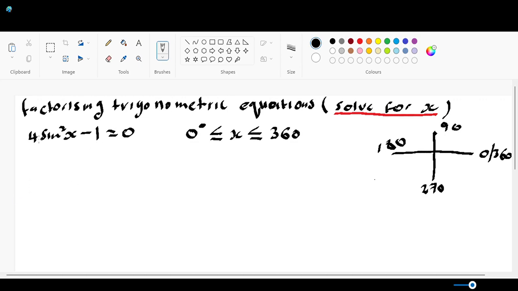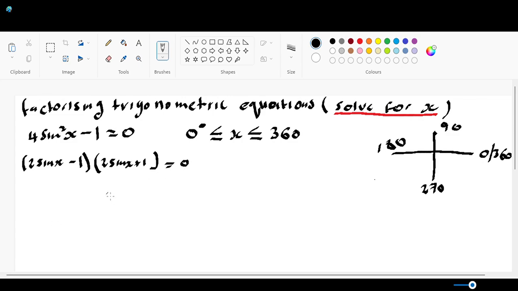So you can approach it this way. You can say (2 sine x minus 1). Remember the difference of 2 squares, guys, they must be minus and plus, (2 sine x plus 1). All this is equal to 0.